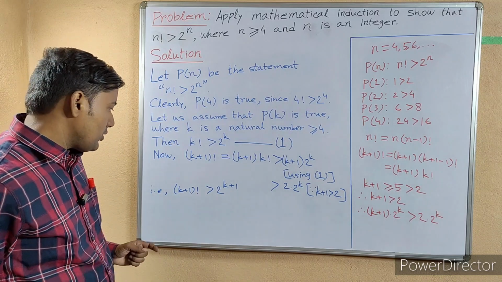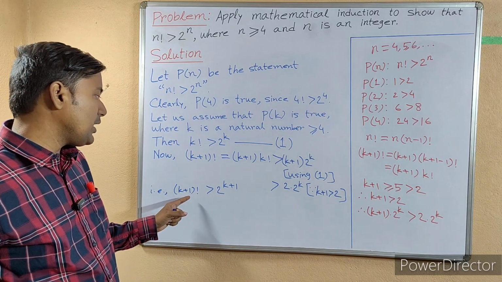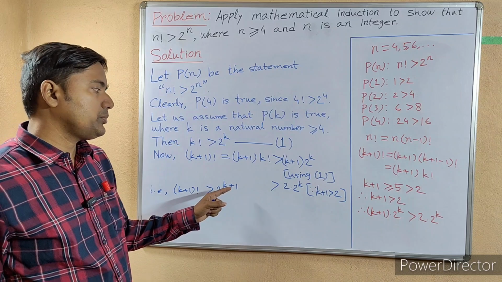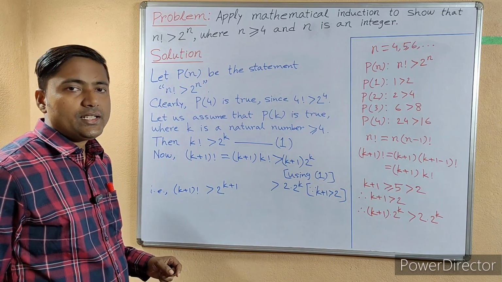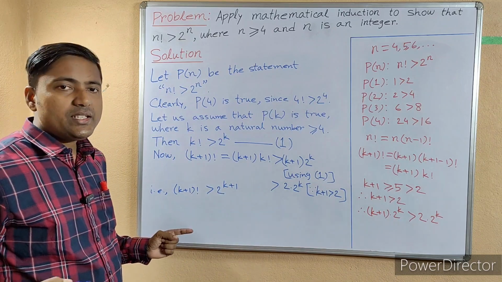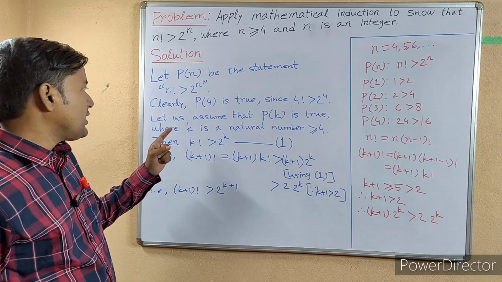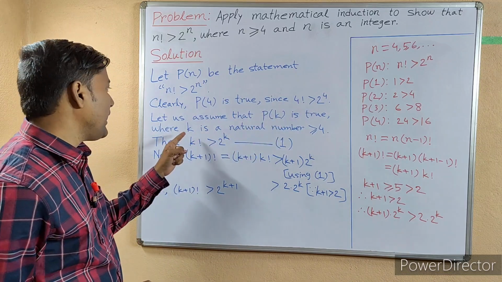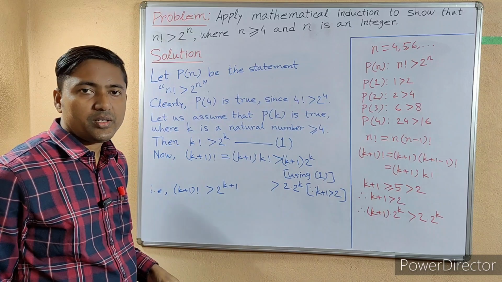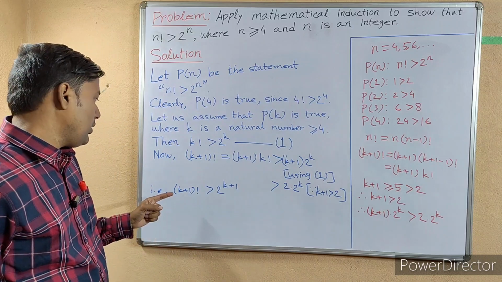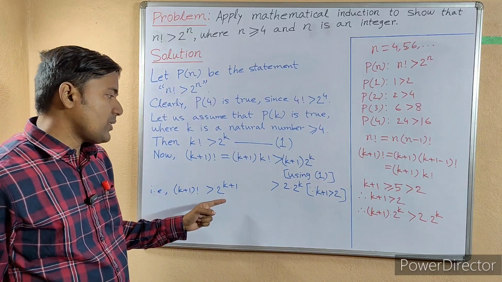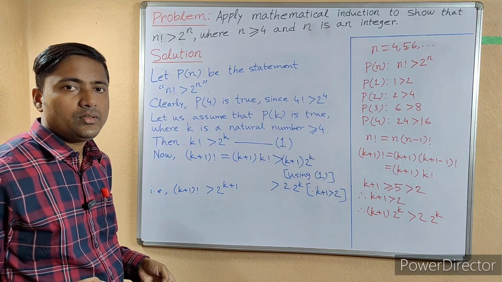That is Pk plus 1 is true. We assumed that Pk is true where k is the natural number greater or equal to 4. And now we see that Pk plus 1 is also true.